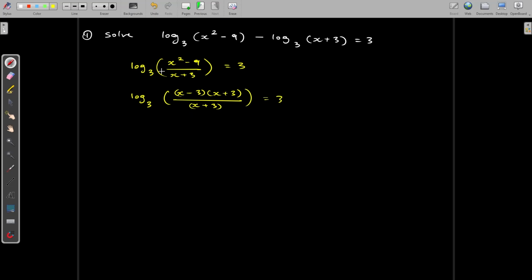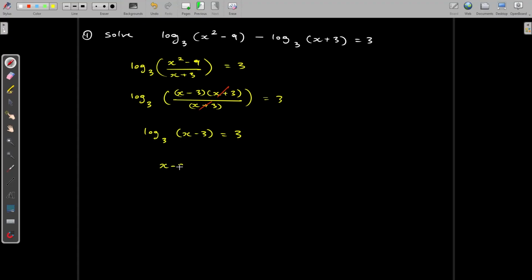Then we cancel the x plus 3, leaving log base 3 of (x minus 3) equal to 3.